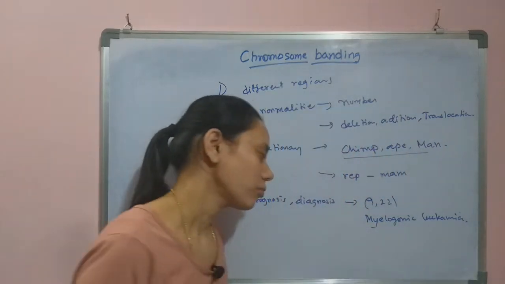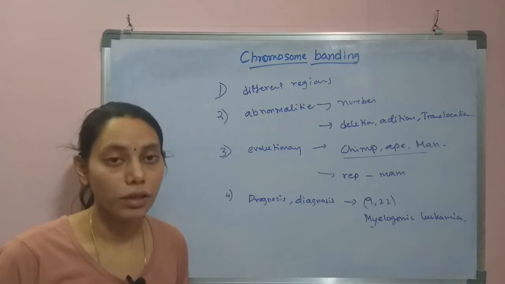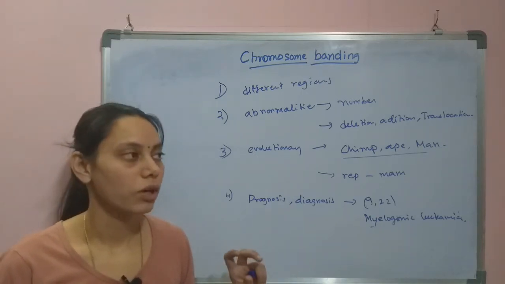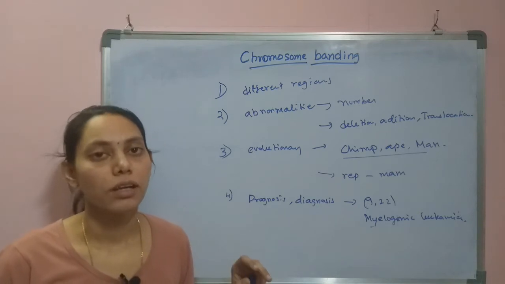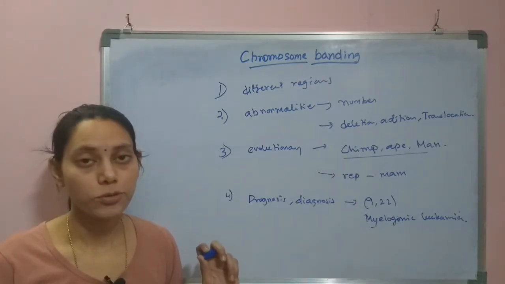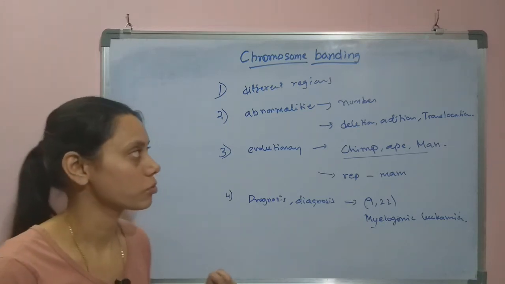So this myelogenous leukemia can be identified or diagnosed using these chromosome banding techniques. This is the best example for cancer diagnosis. So these are the basic advantages of chromosome banding techniques.